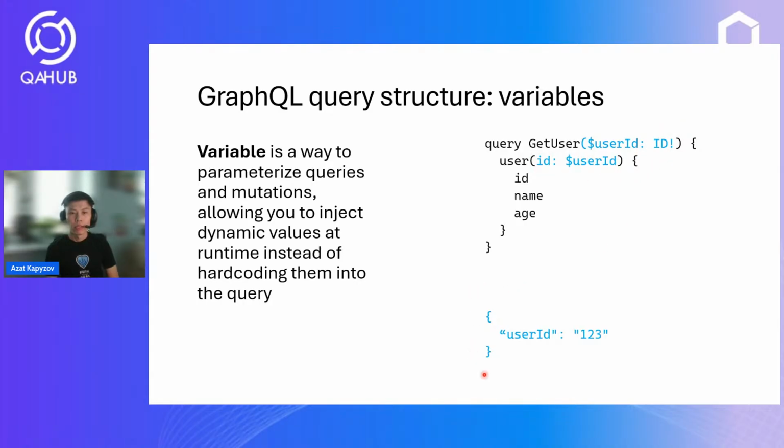Our variable user ID is passed separately, not together with the query, but as a separate item, let's say in a request body. So we will pass this variable, which will be used in this query.